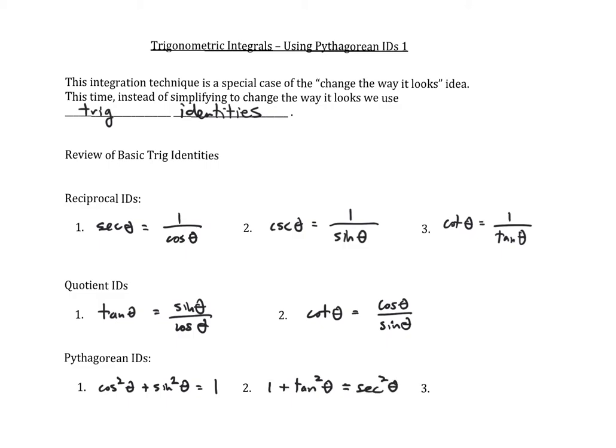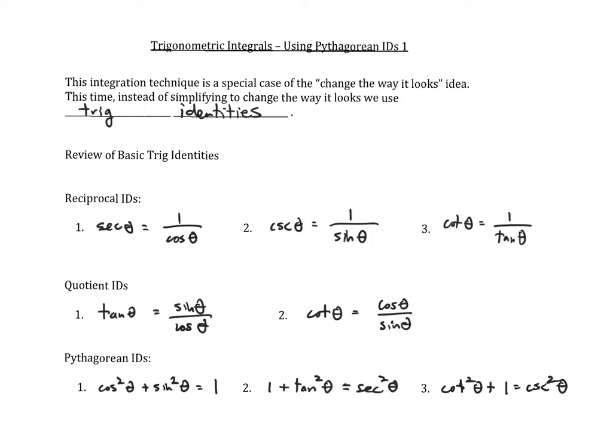All right. The final Pythagorean identity can be obtained by looking at the original Pythagorean identity, and instead of dividing by cosine squared, we're going to divide both sides by sine squared theta. And when you do that, you're going to get the identity cotangent squared theta plus 1 is equal to cosecant squared theta.